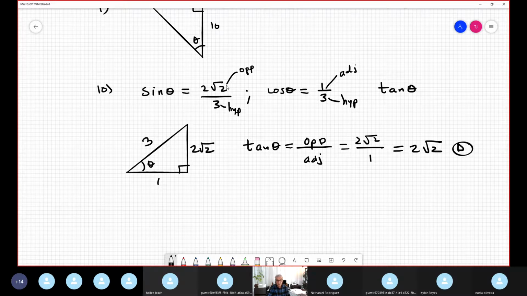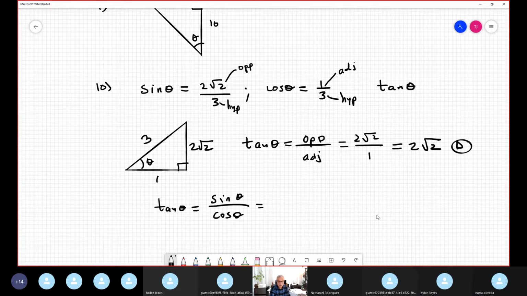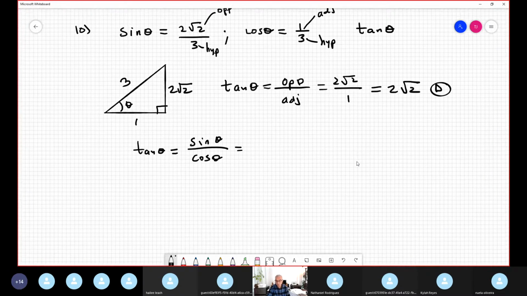This is one possibility. Another way, students skip the triangle and we use an identity. What kind of identity? Tangent identity. Tangent by identity is sine divided by cosine. Remember our cheat sheet of trigonometry, we have the collection of the most important identities. So far we studied not too many, but in the second chapter we study a lot of identities.